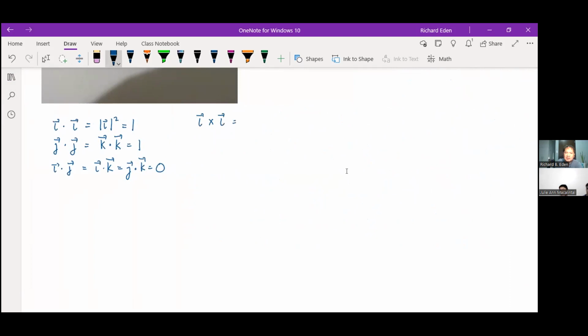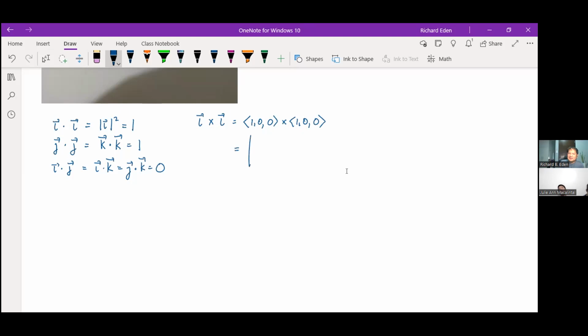So this would be 1, 0, 0 cross 1, 0, 0. But tell me, if this is a computation you've already done before, do you remember what the result is? Well, nagawa na ninyo. Pero kung hindi, okay lang. I know na may special na product yan.